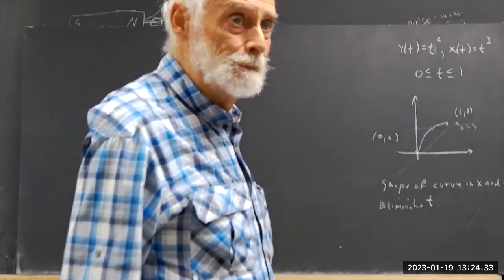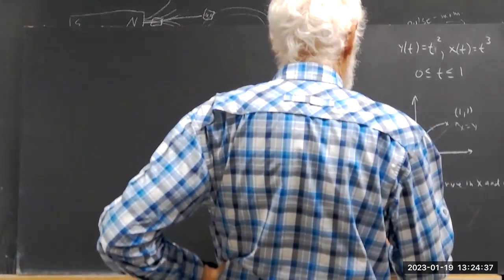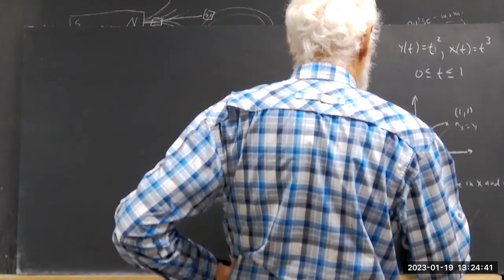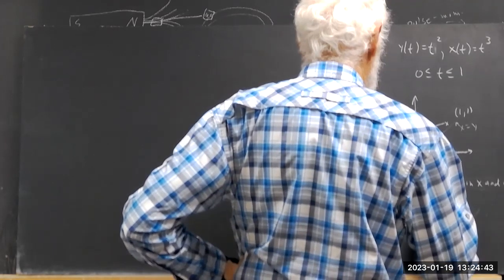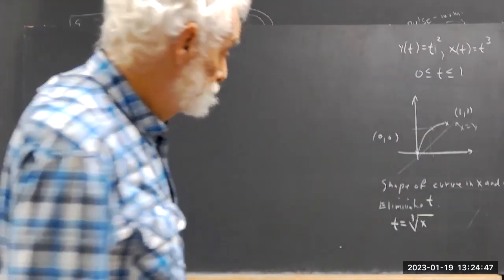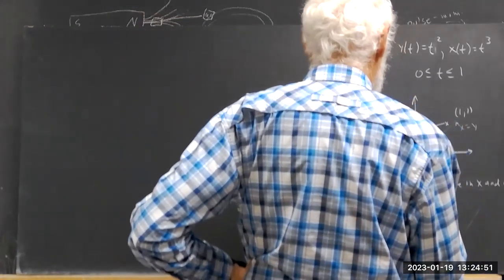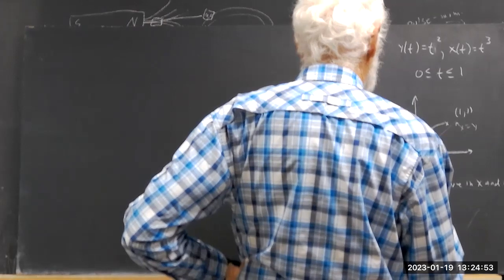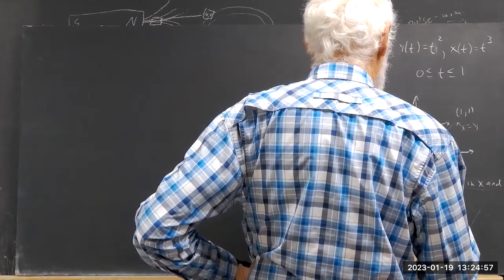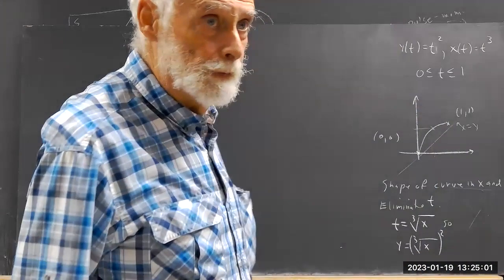But we can eliminate t. Here x is the cube of t, so t is the cube root of x. Y is the cube root of x squared.